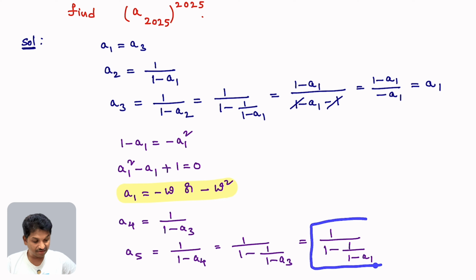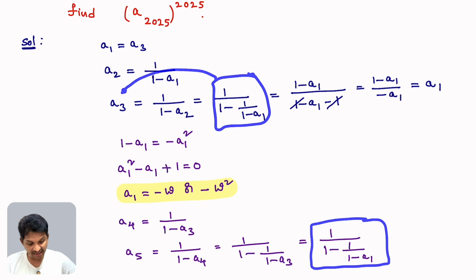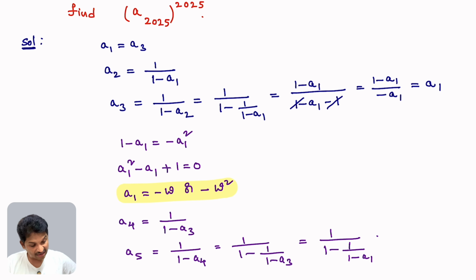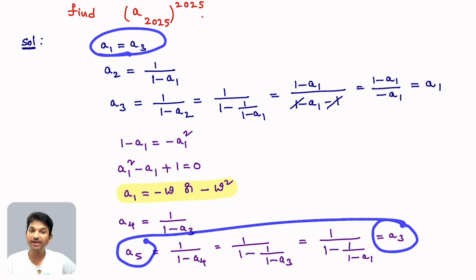You observe this. This is the same as a3. So I can write this equal to a3. So what did I get here? They have given a1 equal to a3. I got that a3 equal to a5.